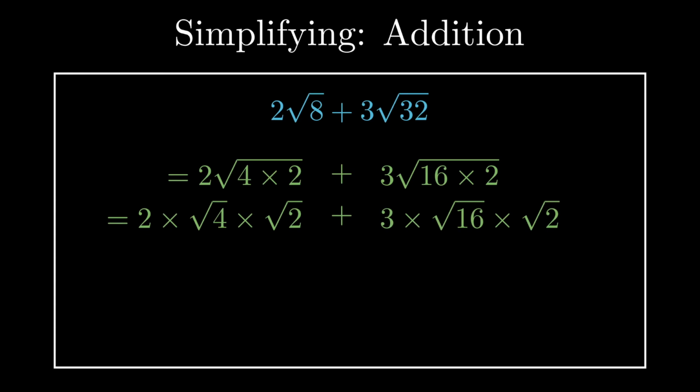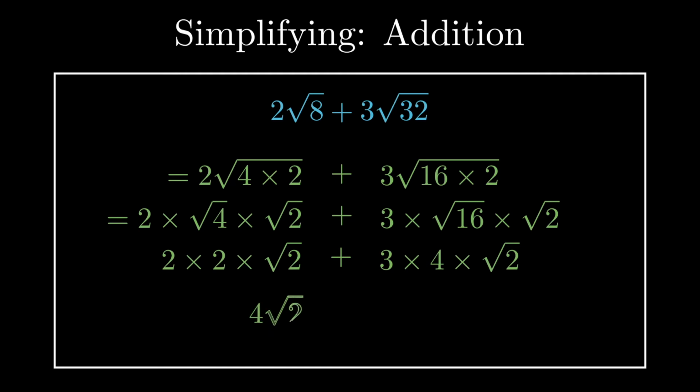As we know, root 4 is equal to 2. We will have 2 times 2 times root 2. And as root 16 is equal to 4, we will have 3 times by 4 times root 2. So finally, on the left side, we will get 4 root 2, and on the right side, we will get 12 root 2.